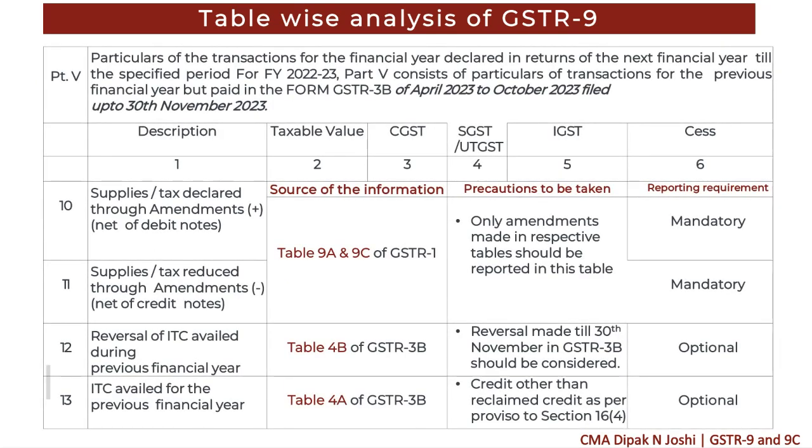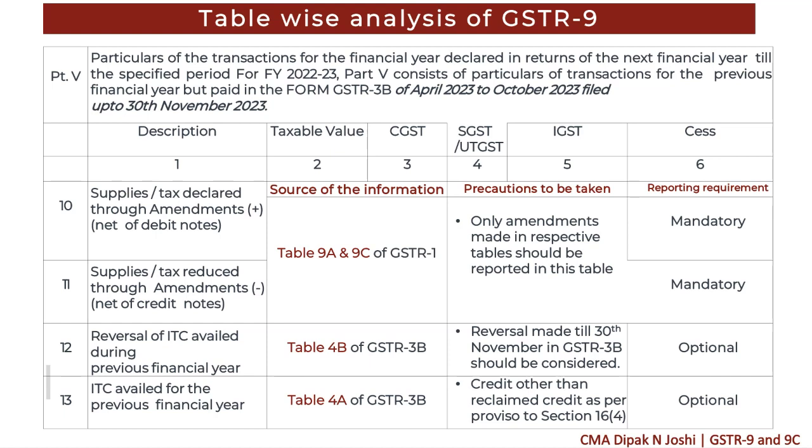In part 5, in tables 10 and 11, we are allowed to provide information pertaining to supplies of the previous financial year which are amended in the current financial year, till 30th November of the next financial year.